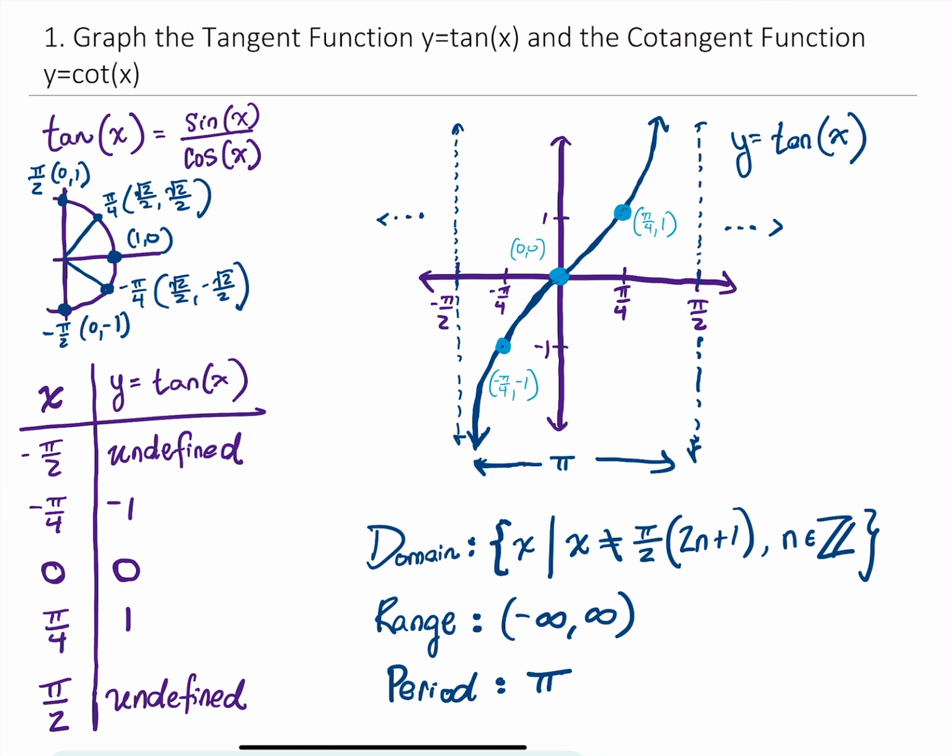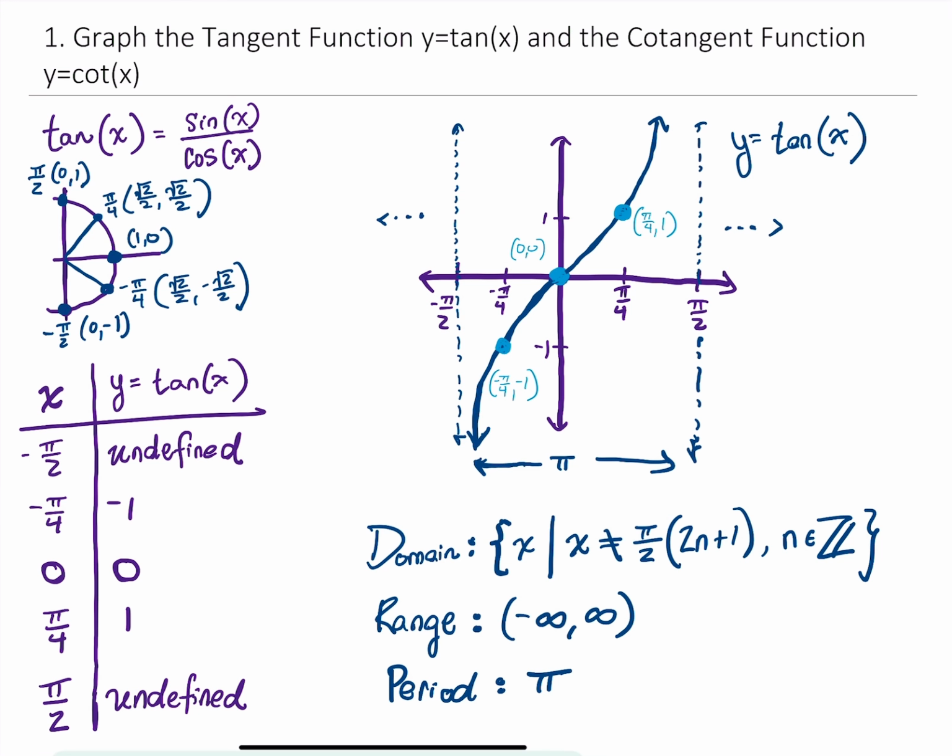We don't describe amplitude for tangent functions because amplitude applies specifically to sinusoidal waves, things that are fluctuating around some central axis. So if we did have a number multiplied out front, we would just call that a vertical stretch of this graph. And we could also have a vertical shift up or down. And in our next video, we'll cover horizontal translations. That does have a special name.